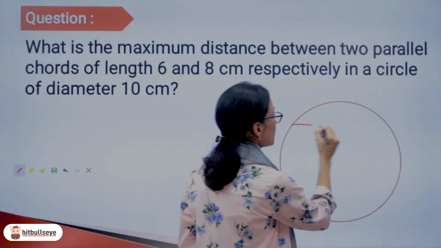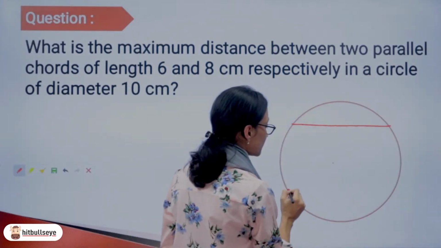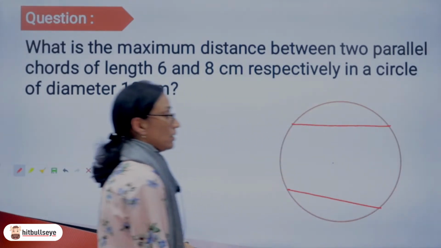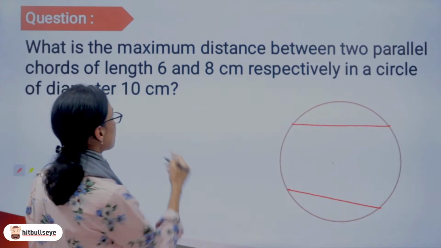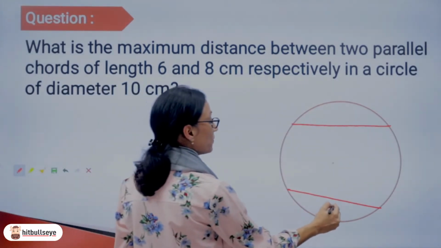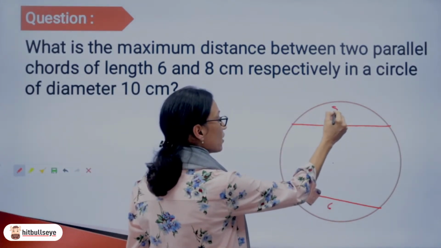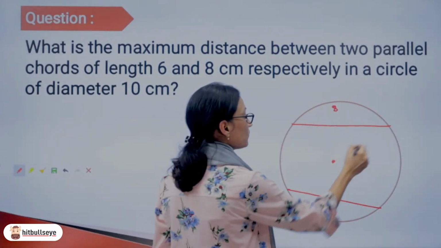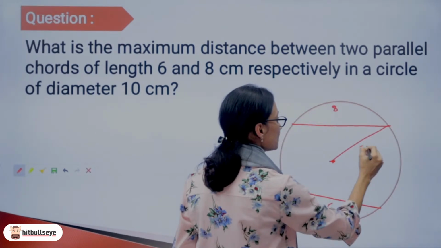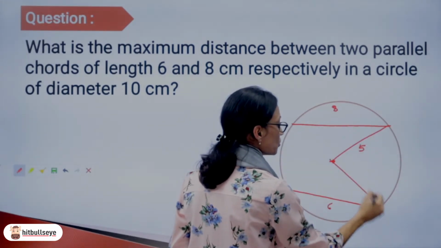So if we decide to take this as one of the chords and this as the other one, we are told that they are parallel to each other. One of them has a measurement of 6 centimeters and the other one has a measurement of say 8 centimeters. We're also told that the radius of the circle happens to be 5 centimeters. So let's visualize this.